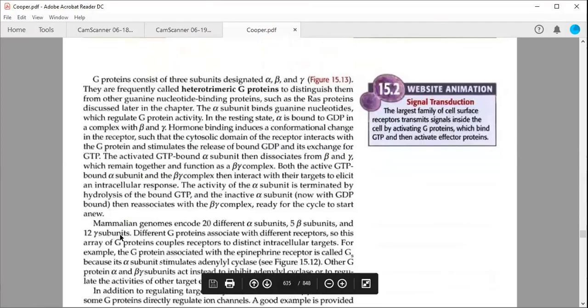So you can see that this kind of diversity is present within our genome. Our genome can encode 20 different alpha subunits, which are able to bind to GDP or GTP, 5 beta subunits and 12 gamma subunits. They can form complexes with one another, and therefore they can be classified into 4 different families, which are given in your Pathfinder.